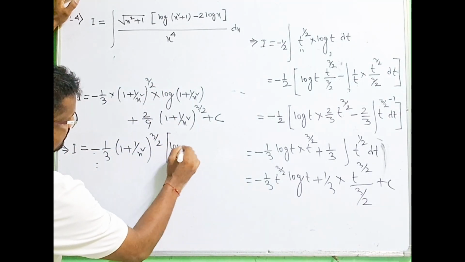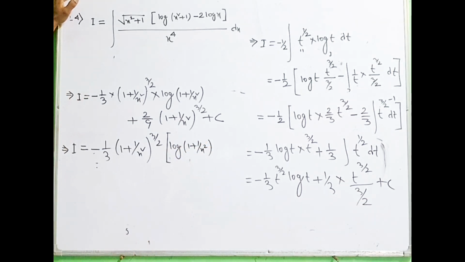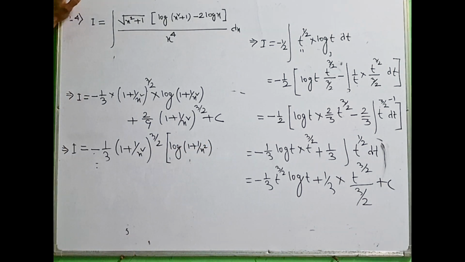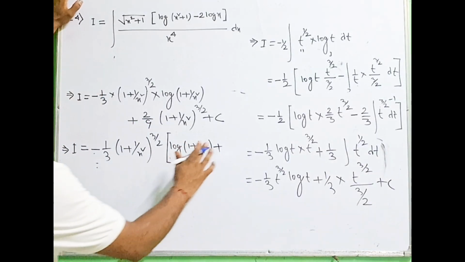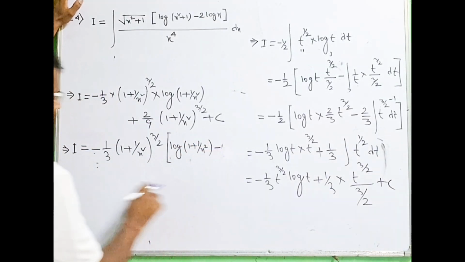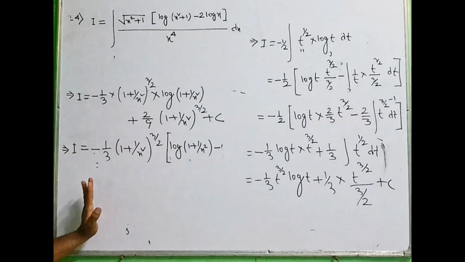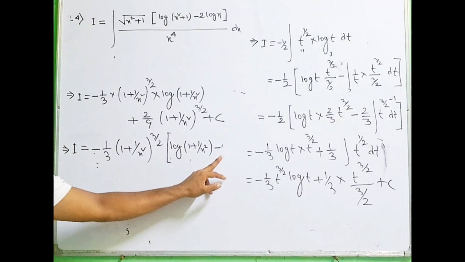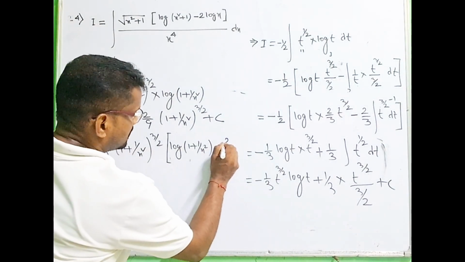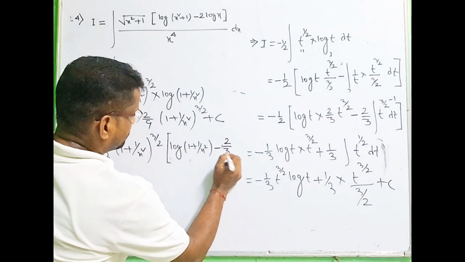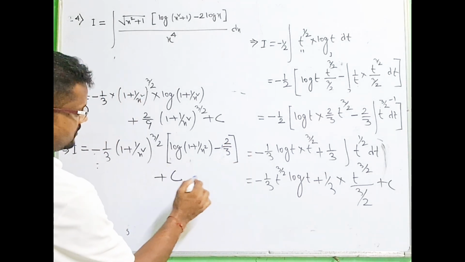Log of 1 plus 1 by x square. This part is left. And here it will be minus sign because you have taken minus 1/3 of 1 plus 1 by x square whole to the power 3 by 2 common. Then you have to give here 1 by 3, then it is minus 2 by 3. Only 2 by 3 is left. And constant of integration c.